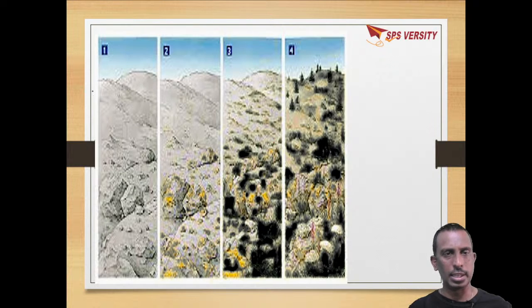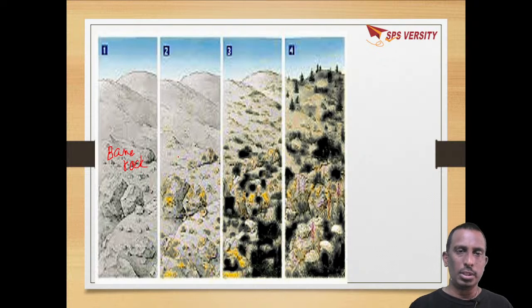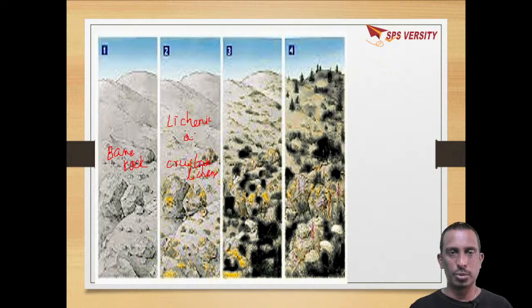Here you can see it is a bare rock. On this bare rock, you can see the crustose lichens inhabit it. These crustose lichens secrete lichenic acid, which leads to the weathering of rocks.